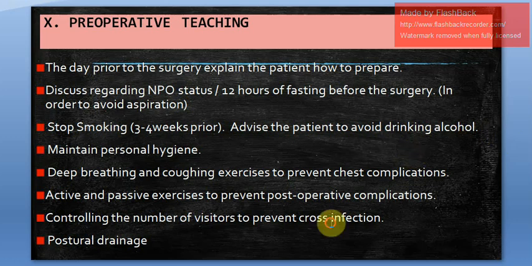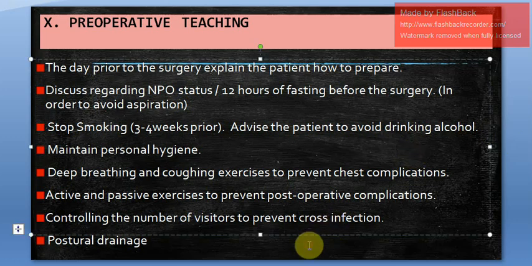Next, you should explain to the patient that the number of visitors must be controlled after the surgery, because visitors can cause cross infection. So restrict the number of visitors. Then ask the patient to maintain good personal hygiene, especially before the surgery. Then explain the NPO status.